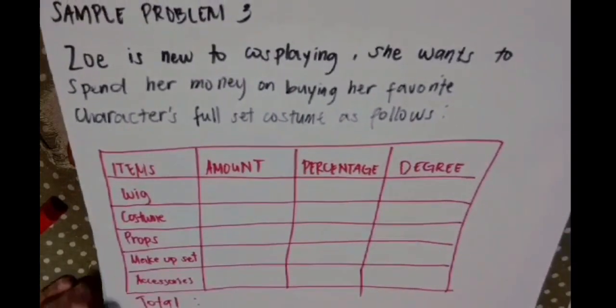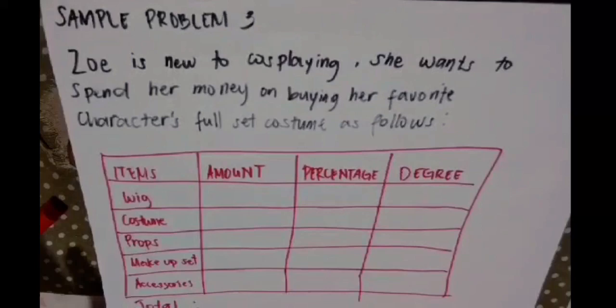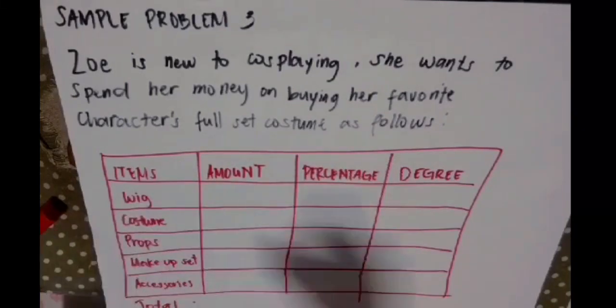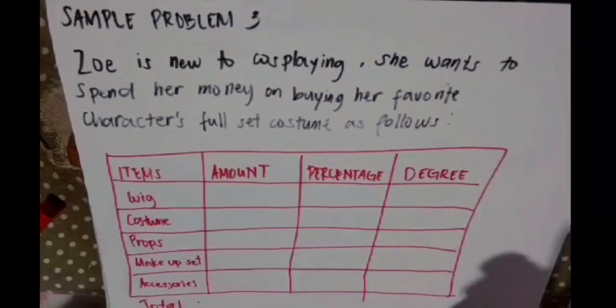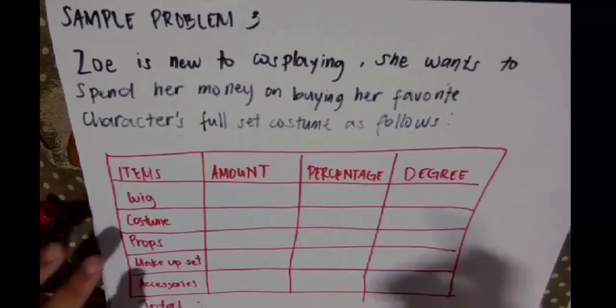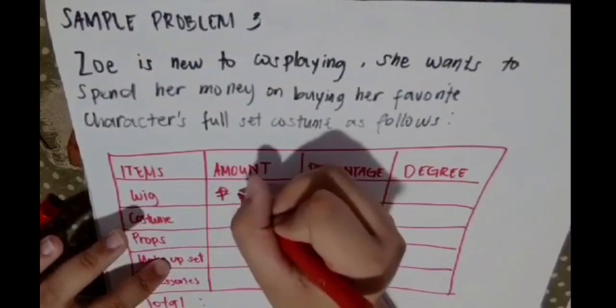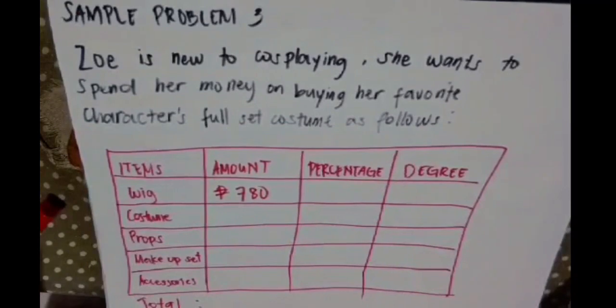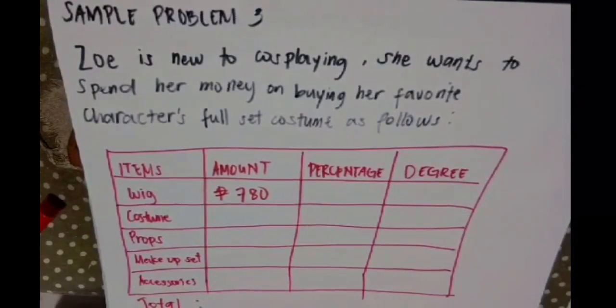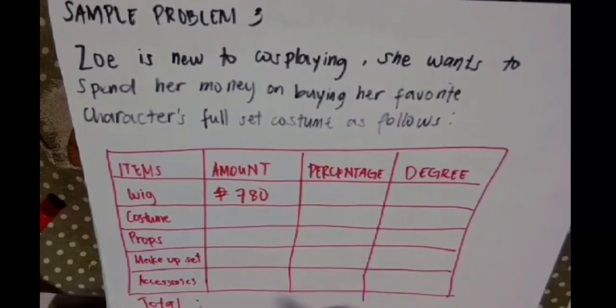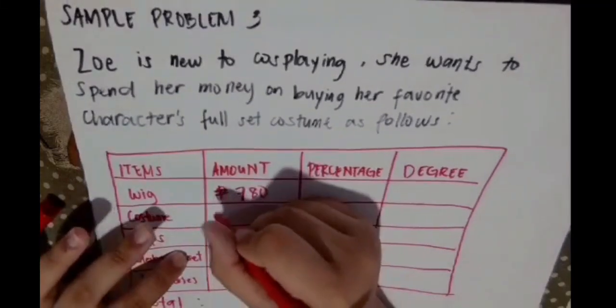Okay, so now we're going to find the amount of the items. We have a wig here. If you're going to buy a wig that is branded, it would cost around 780 pesos. Next, a full set costume would cost around 2,500.